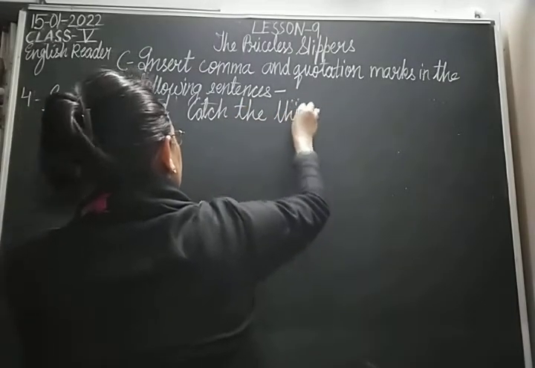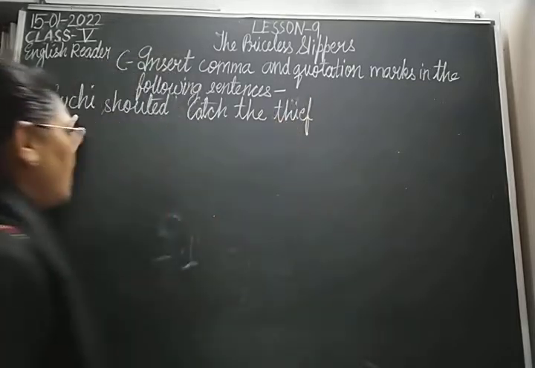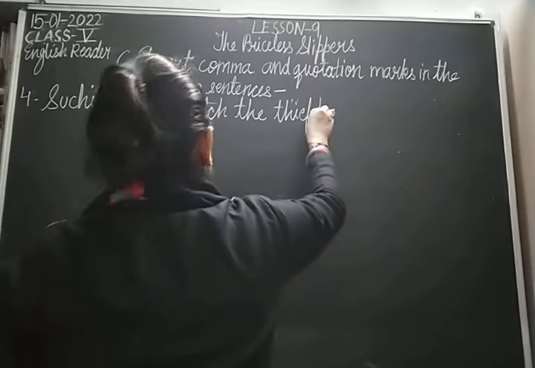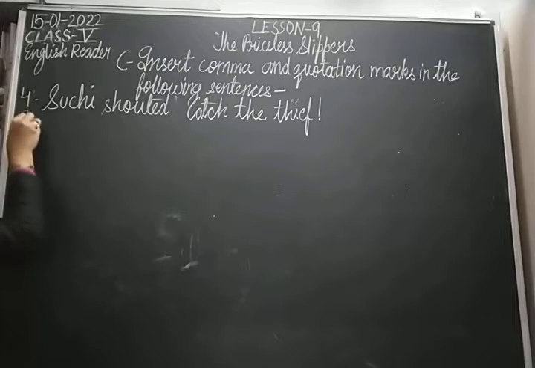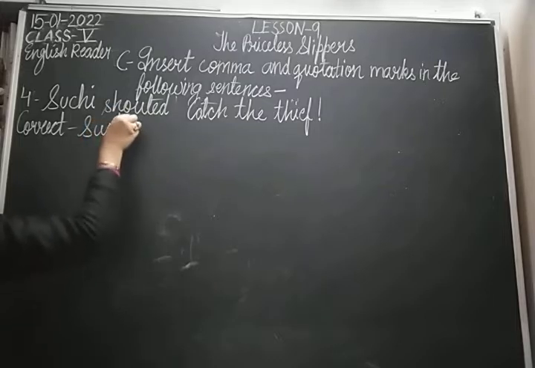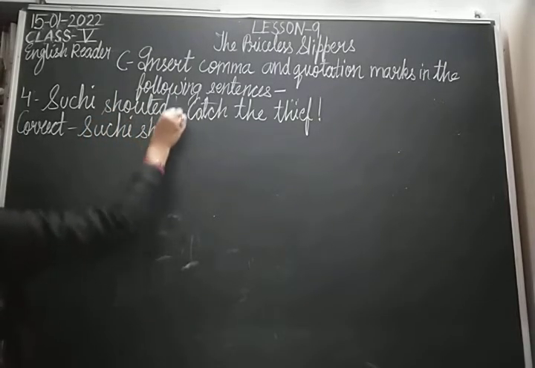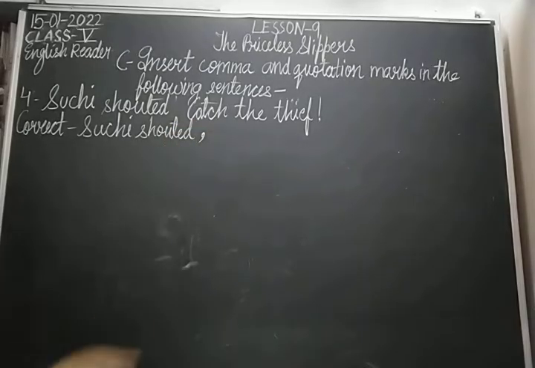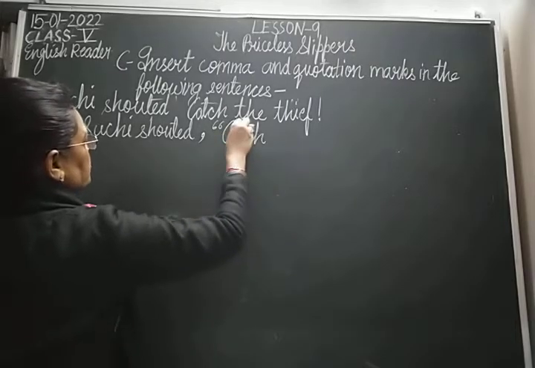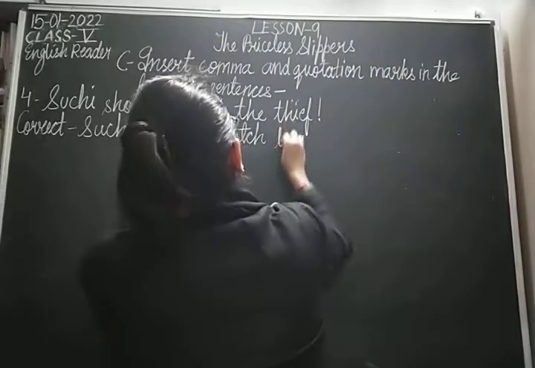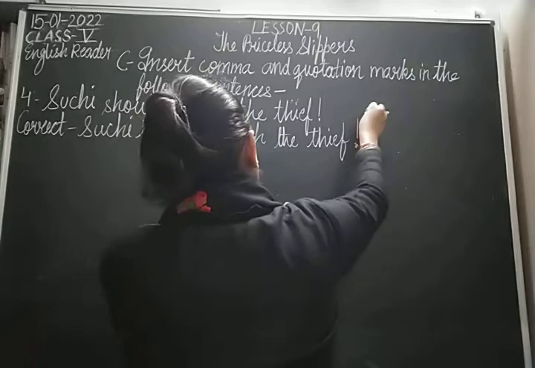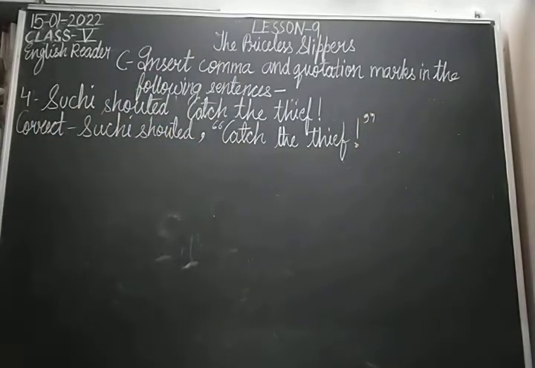At the end we need to put an exclamation mark because here it is written shouted. So we'll write the correct sentence. Suchi shouted. After shouted, put a comma, open inverted comma, catch the thief, put the exclamation mark, and after the exclamation mark close the inverted comma.